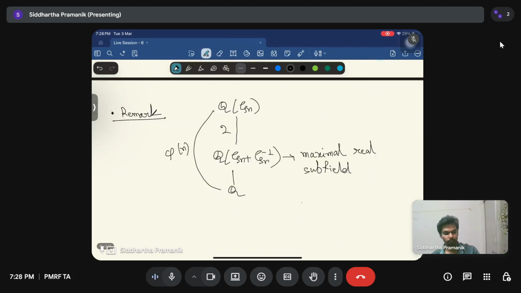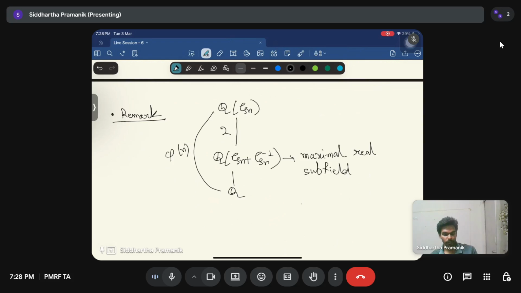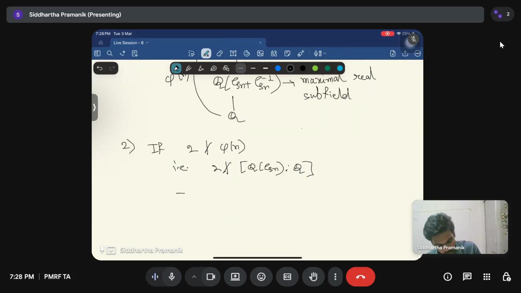So if 2 does not divide phi of n, that means 2 does not divide this degree, this will imply the maximal real subfield is Q.